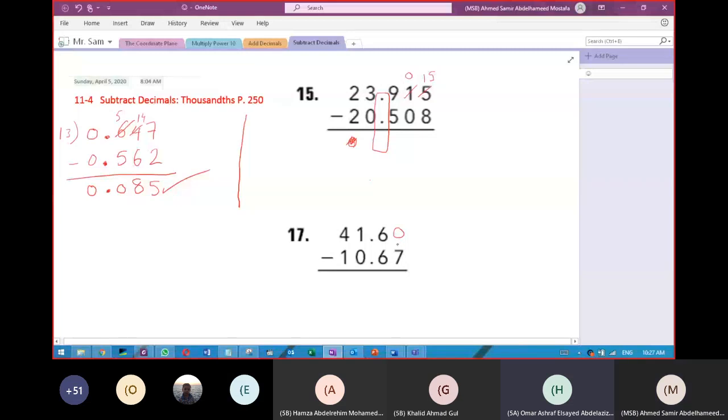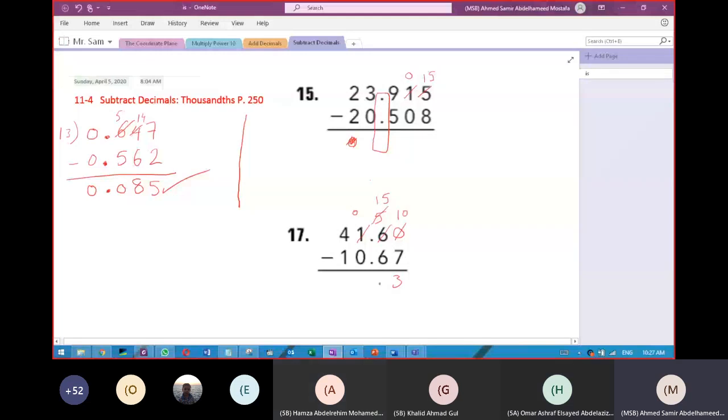Then the 6 is going to be a 5. So 10 minus 7 is 3. 5 minus 6, can we do 5 minus 6? No, so it's 15. We borrow 1 from here, so the 1 would be 0, and the 5 would be 15. 15 minus 6, 9.